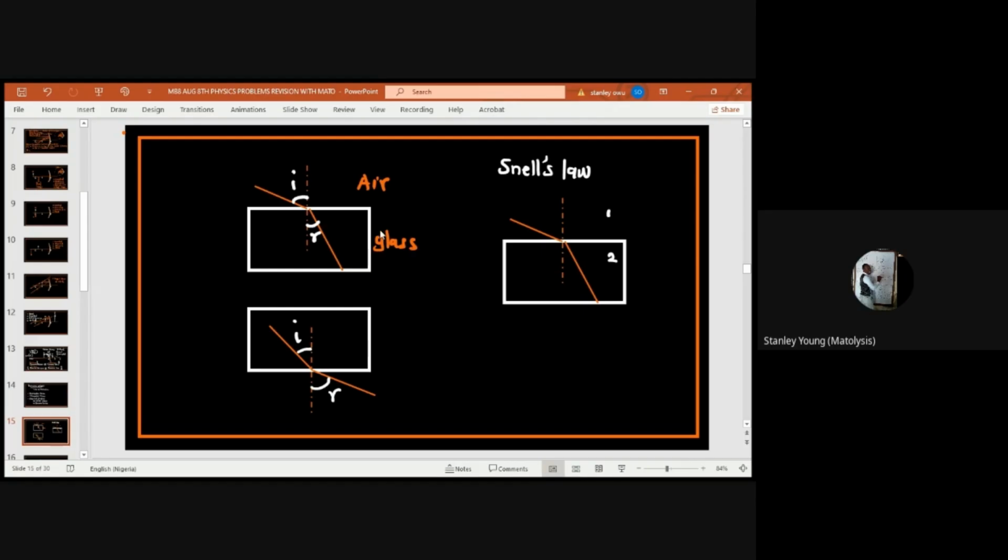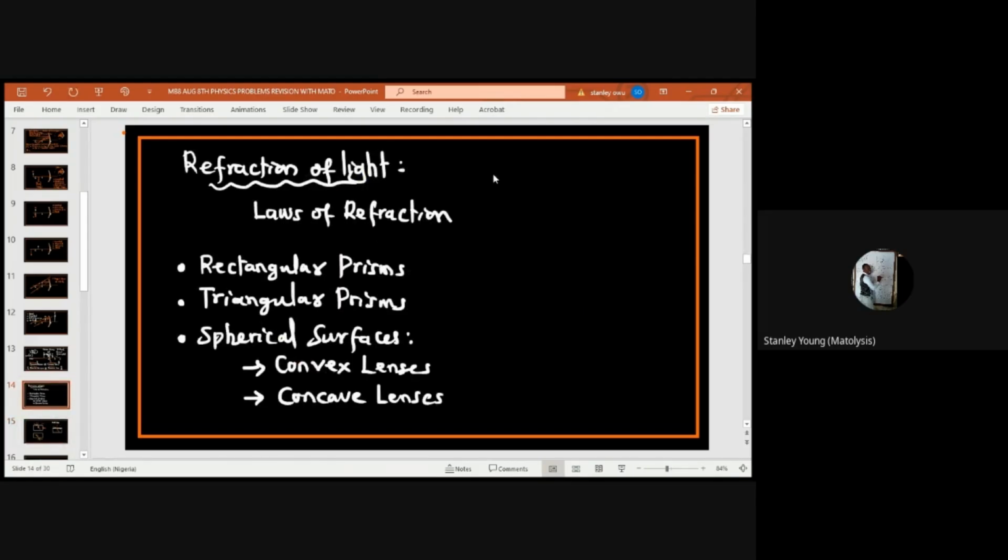Okay, there is something I needed to know. For materials, you need to get used to vacuum. Vacuum means there is no material medium itself. Then you get familiar with air, glass, and water. When it comes to refraction, just get familiar with what?